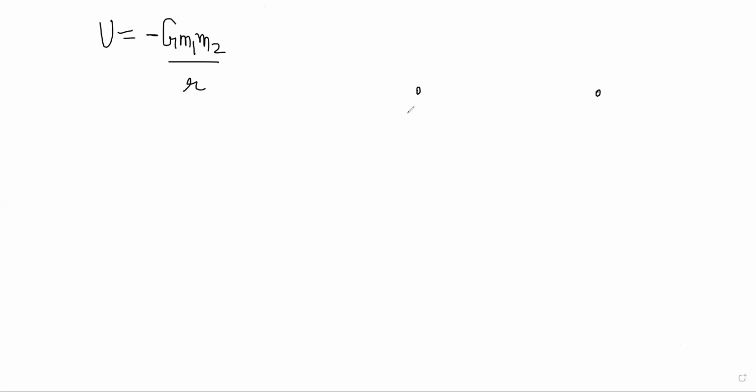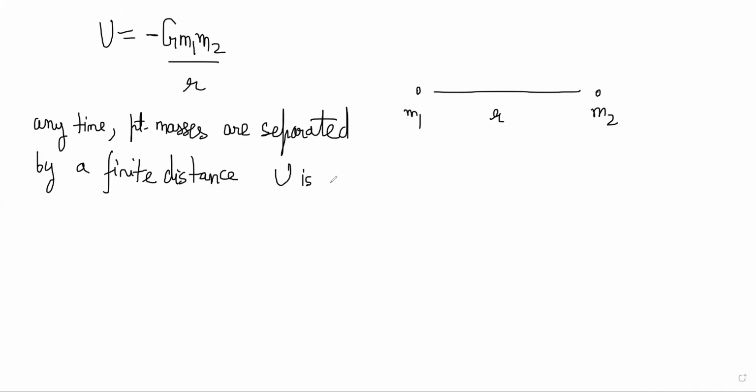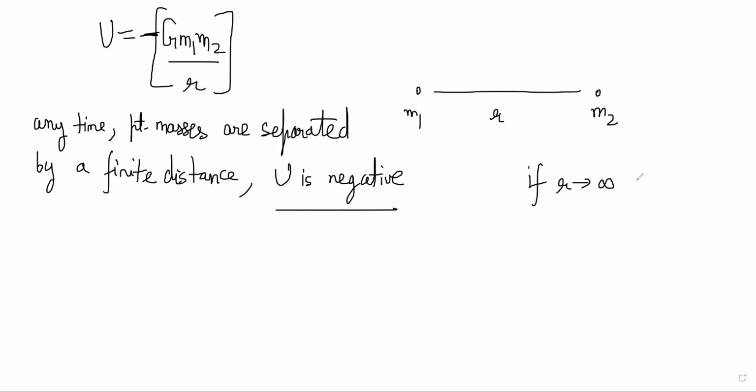This means two point masses m1 m2 separated by a distance r, which suggests one more thing: anytime point masses are separated by a finite distance, their potential energy will always be negative, right? Yes, sir. For any distance between point masses, everything inside here is positive, so this whole potential has to be negative. And if r tends to infinity, potential energy tends to zero, right?